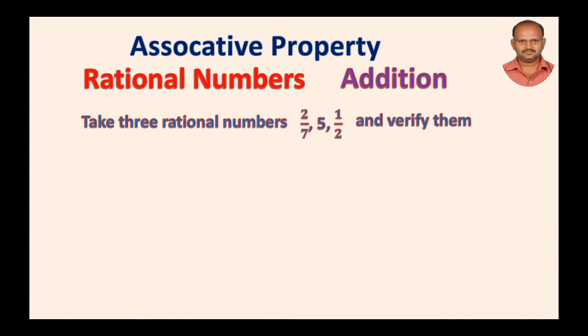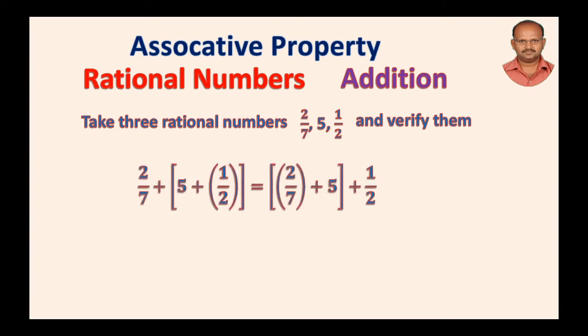2 by 7 plus within brackets 5 plus 1 by 2 within bracket close, that is equal to 2 by 7 plus 5 within brackets plus 1 by 2.